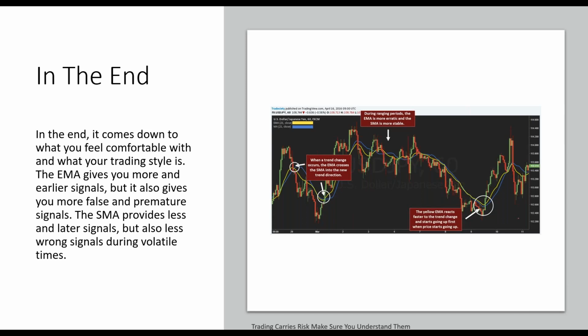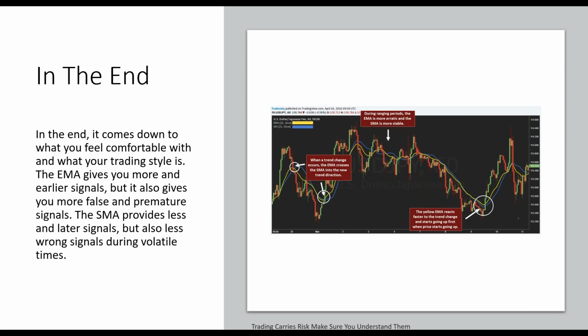In the end, it comes down to what you're comfortable with and what your trading style is. Now, I say SMA, although in most cases I mean EMA. Most people today don't trade with a simple moving average. They use an exponential moving average.